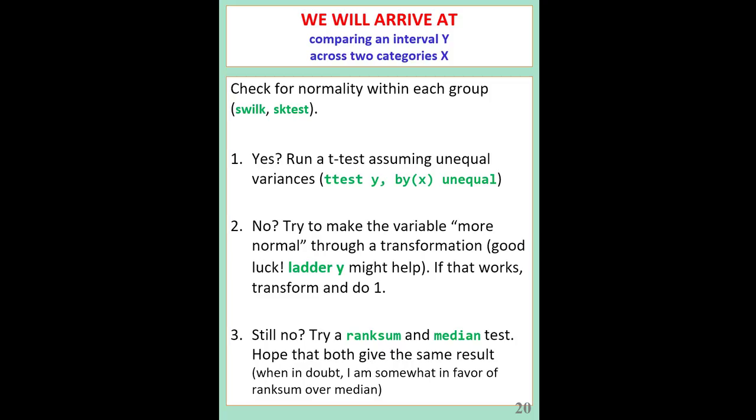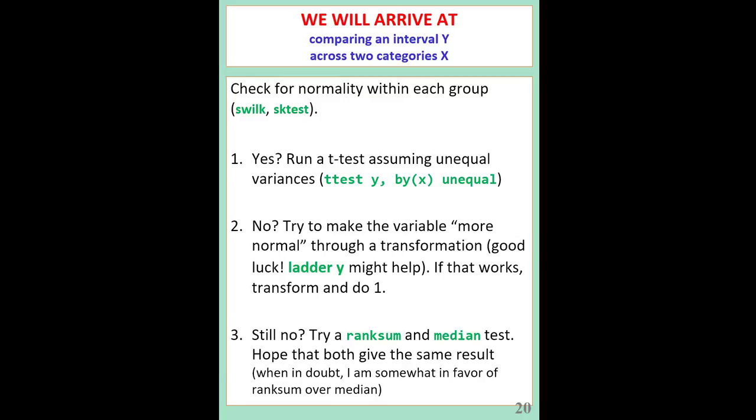The Stata commands that go with it are called swilk and ttest. And what you want is that both will show you that the distribution is, let's say, normal enough. If that is indeed the case, then we're good to go, and we run a ttest through this command, where the y is the interval scaled variable and the x is the variable that is categorical with two categories.